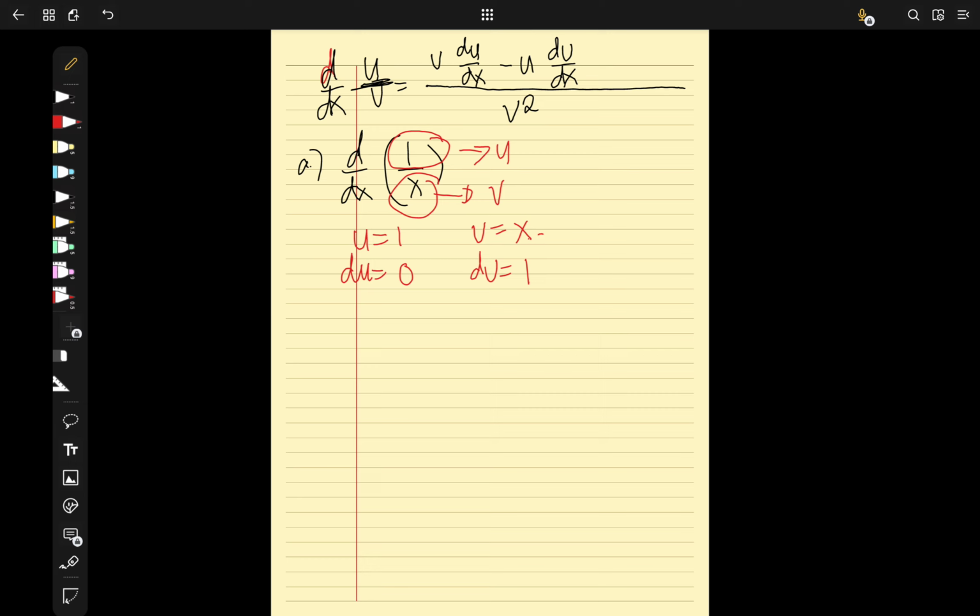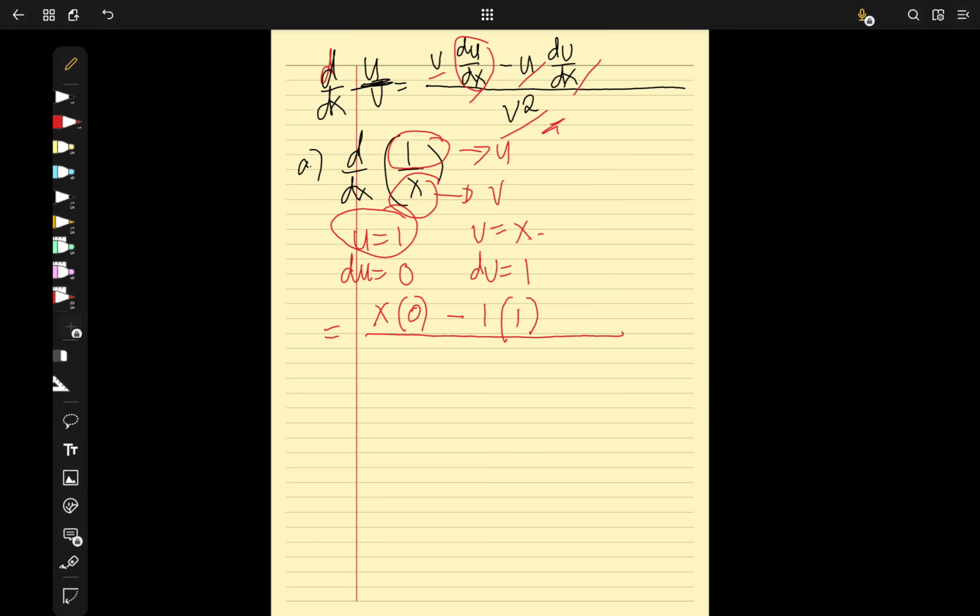Kompleto na tayo. Meron tayong v, may du, may u, may dv, tapos v squared. Gawin na natin. Equals v times derivative ng u, 0, minus u, 1, times derivative ng v which is equal to 1, all over v squared.